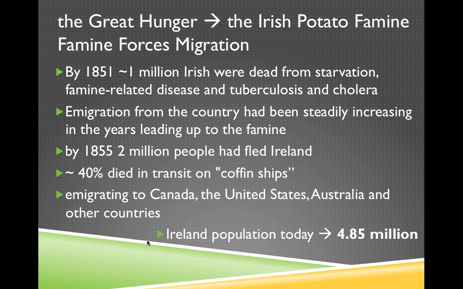The Great Hunger of the Irish Potato Famine forced millions of people to flee the country. By 1851, about 1 million Irish had died of starvation, famine-related diseases, tuberculosis, and cholera.